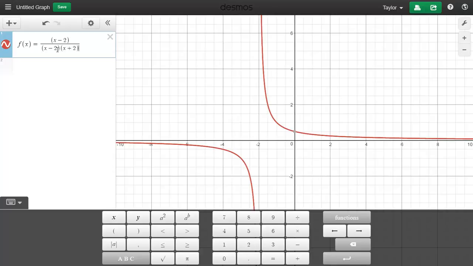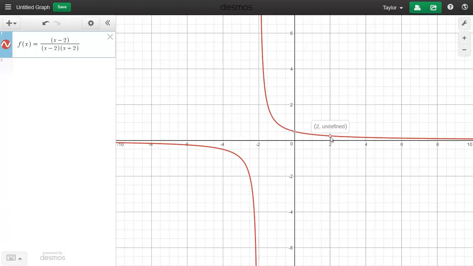Now, this is where a lot of students get confused. The discontinuity as a result of this factor is positive 2. Okay? Positive 2, that discontinuity, that hole right there, that's the result of the denominator factor x minus 2.